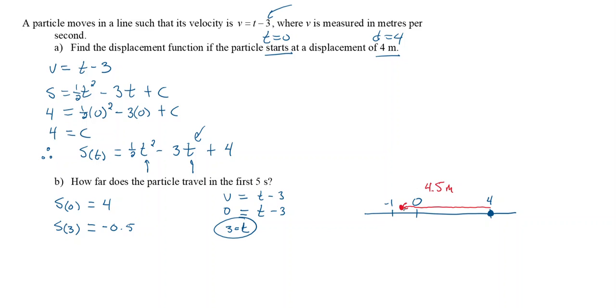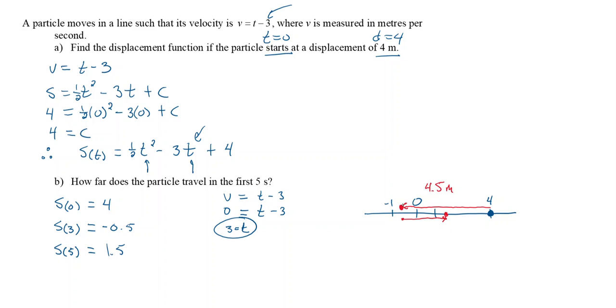This is a distance, so I don't actually care about direction at this point. From there, what is s of 5, after 5 seconds? s of 5 is 1.5. So where's that? If this was 1, then we're past that one. As we turn around, we go from here to right here, to a position of 1.5.